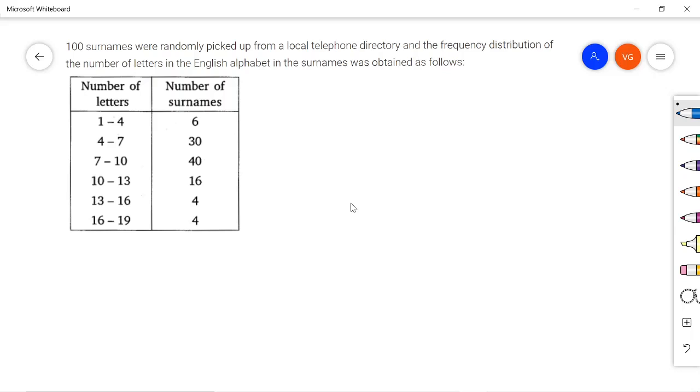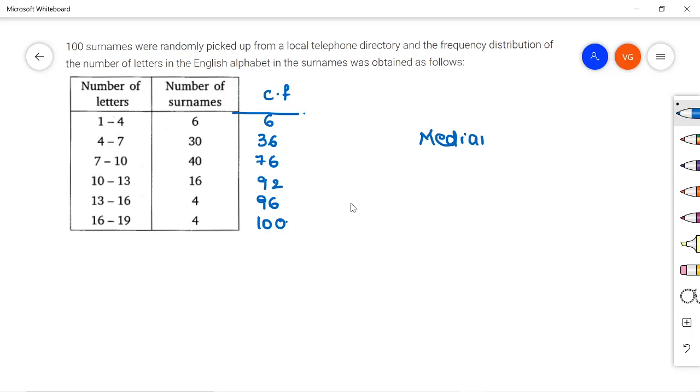So for that I am writing the cumulative frequency, adding the third column here, the cumulative frequency 6, 30 plus 6 is 36, 36 plus 40, 76 plus 16, 92, then 100, right? So formula for median, write it down.